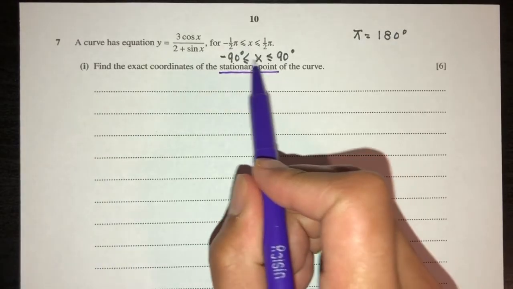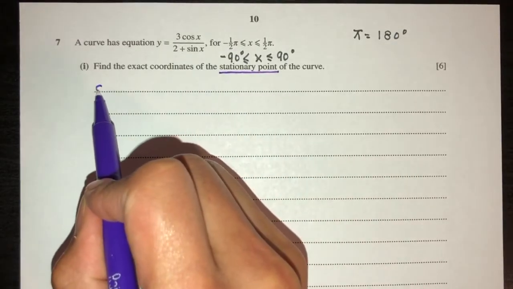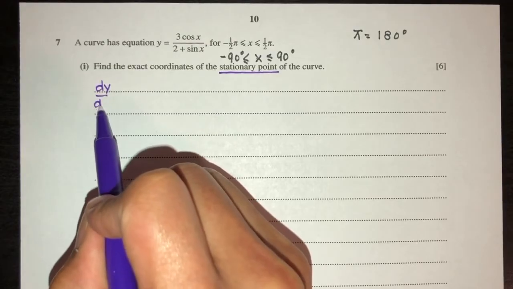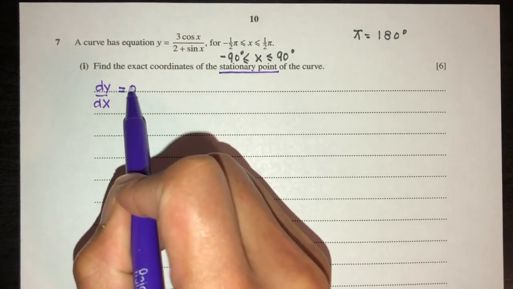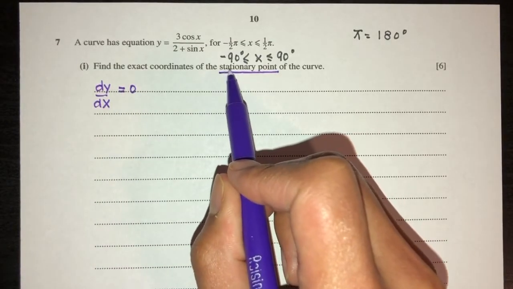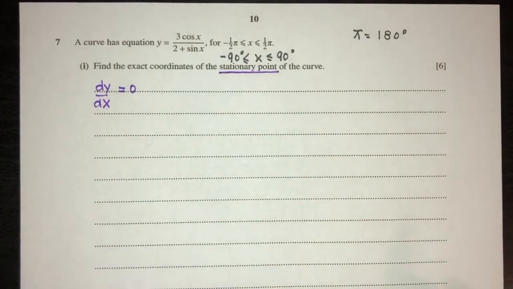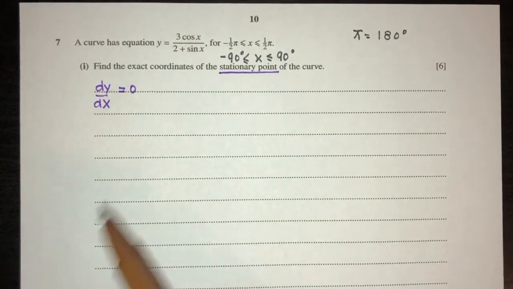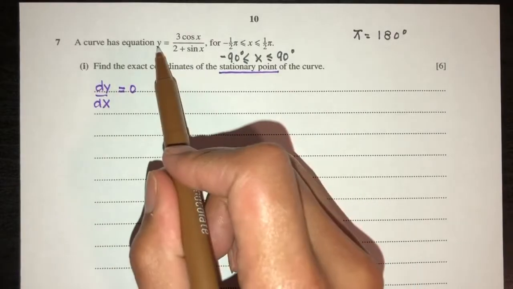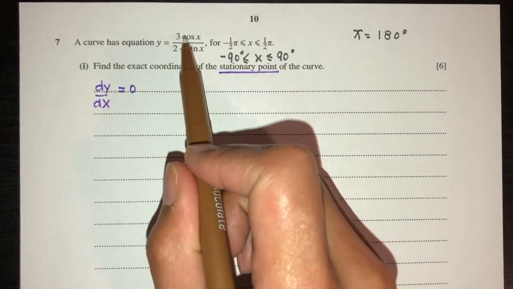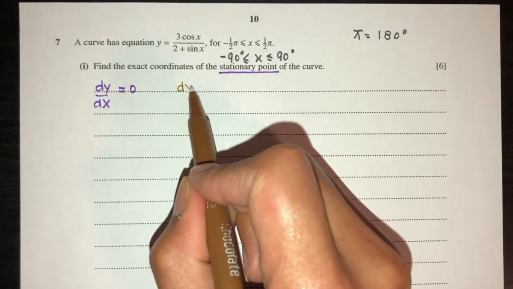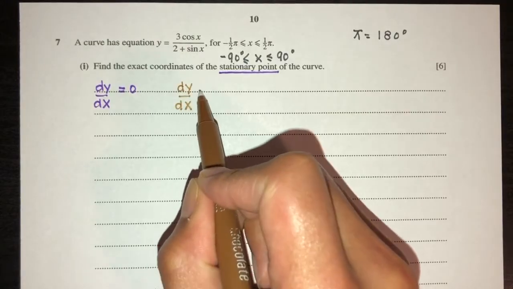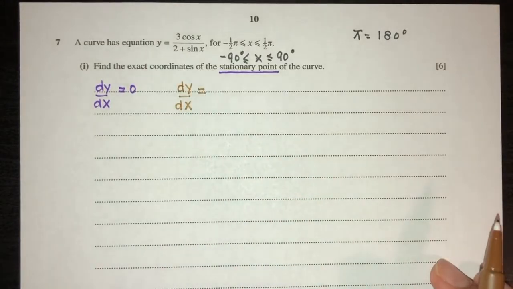Whenever you see this, you have to know that it is asking you for dy by dx equal to 0, because at a stationary point dy by dx equals 0. So now we have to find dy by dx. We know y is equal to this. This is a fraction, so we find dy by dx by using the quotient rule.